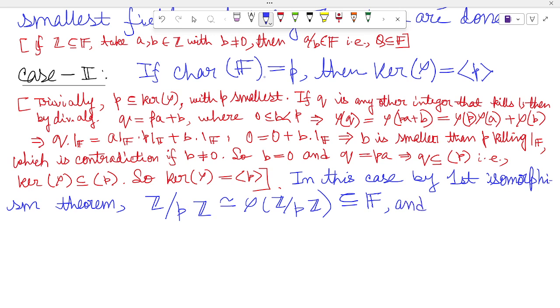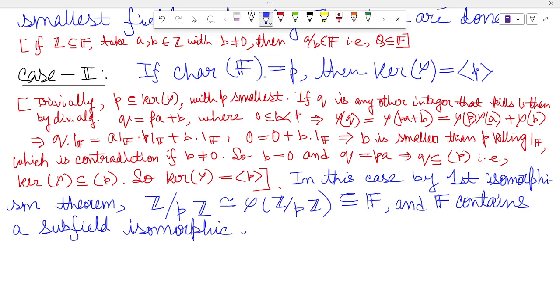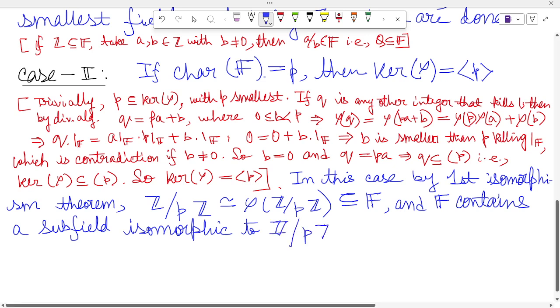So F contains a subfield isomorphic to Z mod pZ, or Fp, what I wrote there, and we are done.